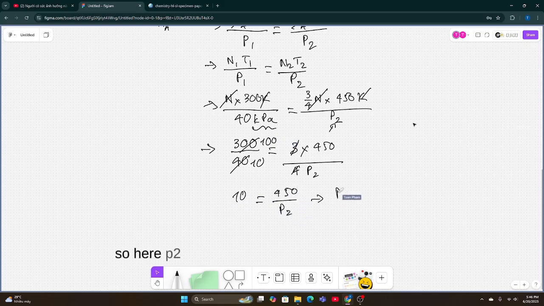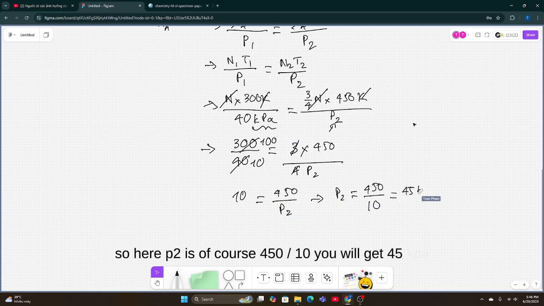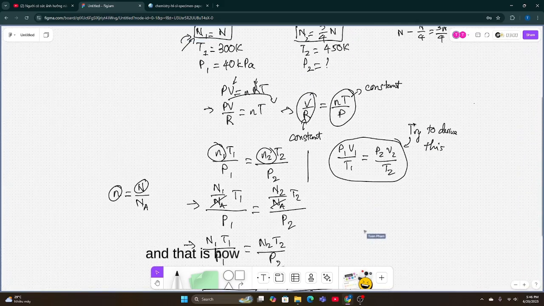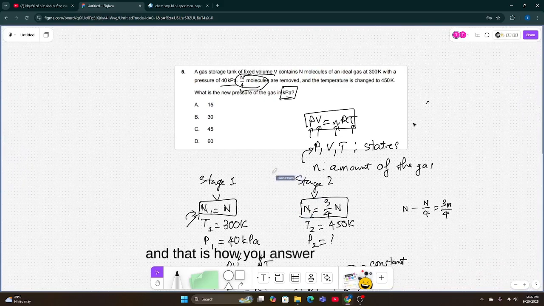So here P2 is of course 450 divided by 10. You will get 45 kPa. And that is how you answer or attack any stoichiometry question that involves gas law.